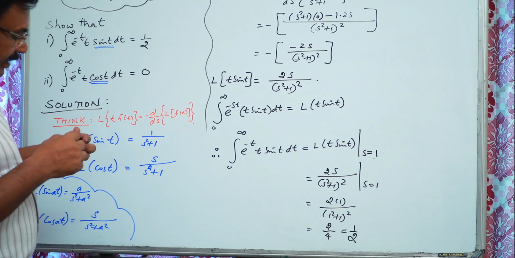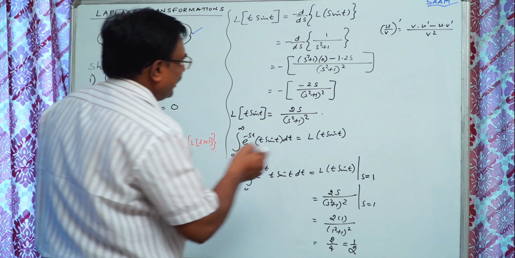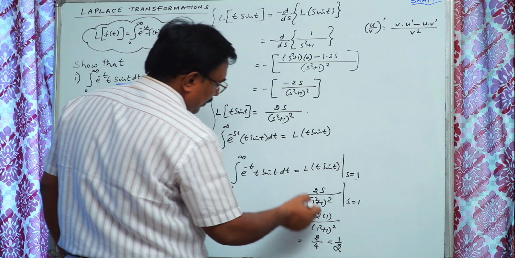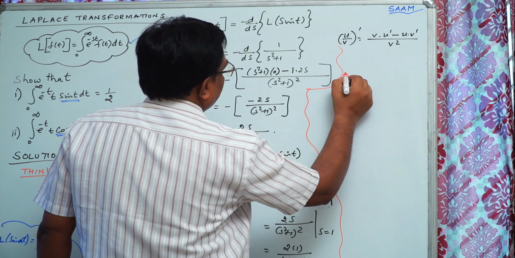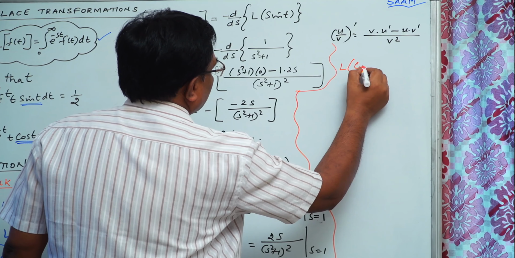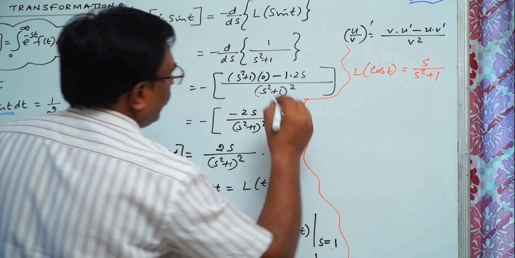Then for the second result, I can use the same space here. It is enough because we studied the concept here. Then I can go directly for the second result. Laplace of cos t is equal to s divided by s square plus 1.